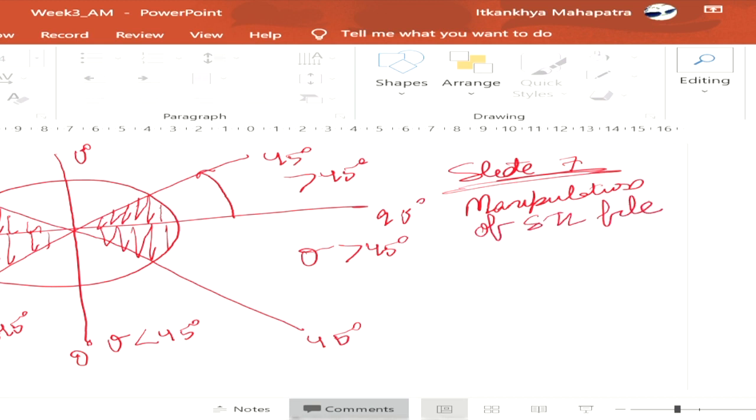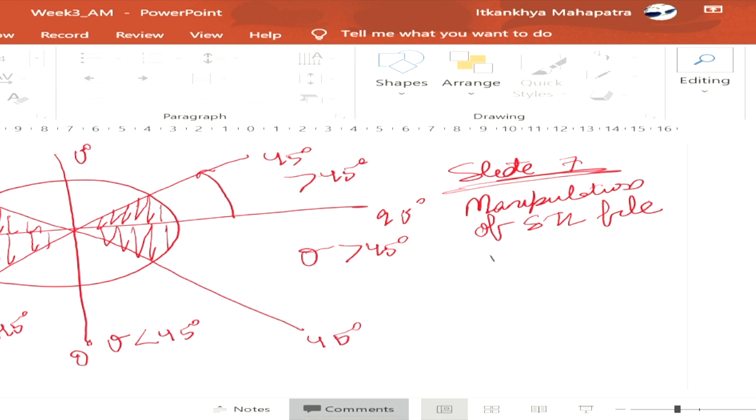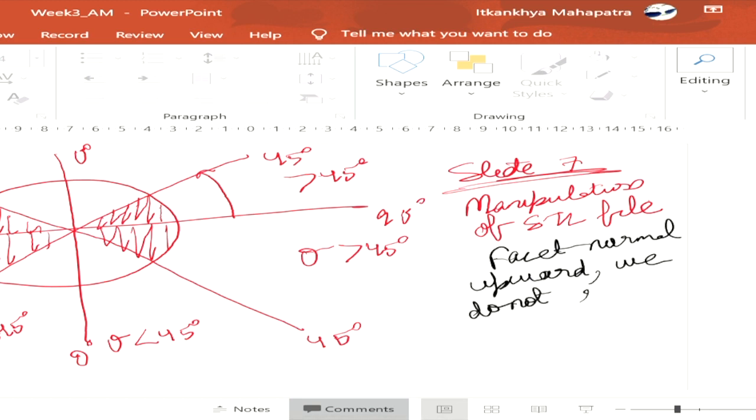that when facet normal is upward, we do not require support. Now in all these in this condition, the facet normal is upward, so we do not require support.